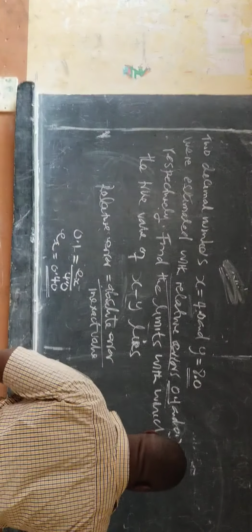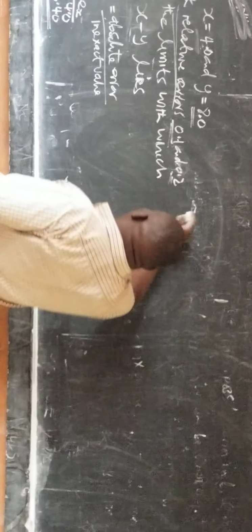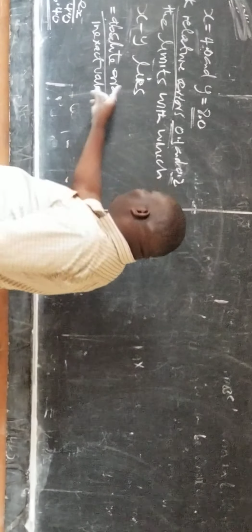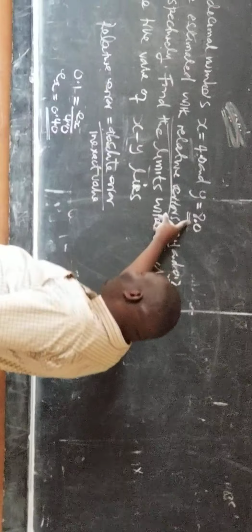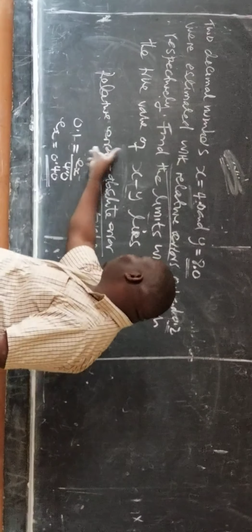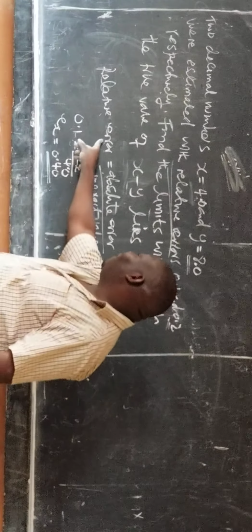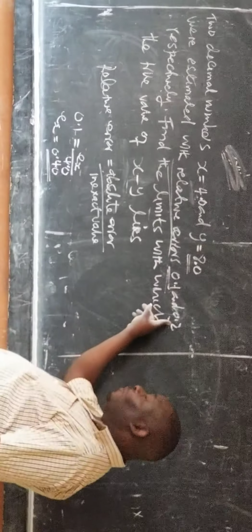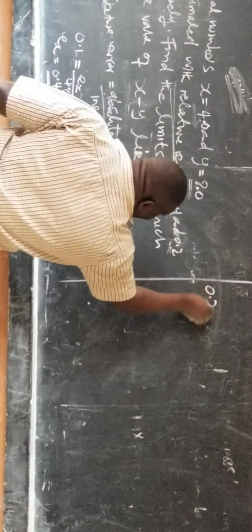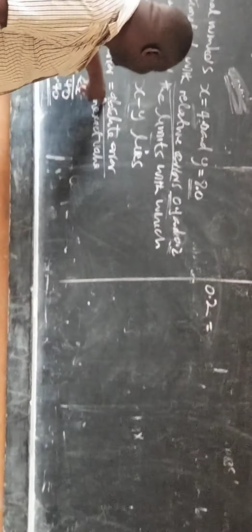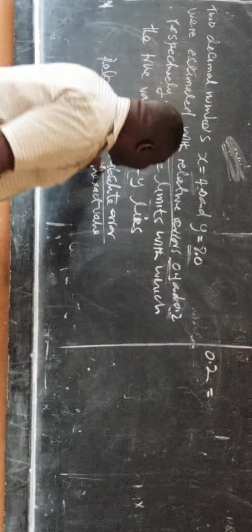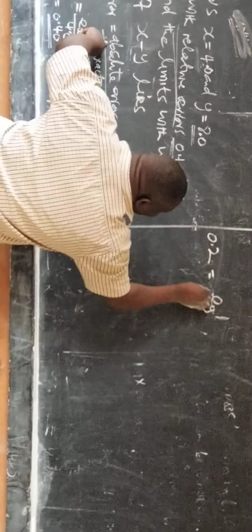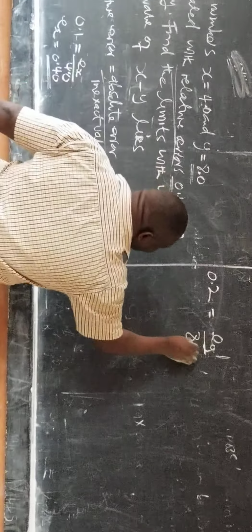We can also look at the next part, y, using the same definition of the relative error. The relative error here was given as 0.2, which is equal to the absolute error, the maximum possible error in y, divided by the inexact value.